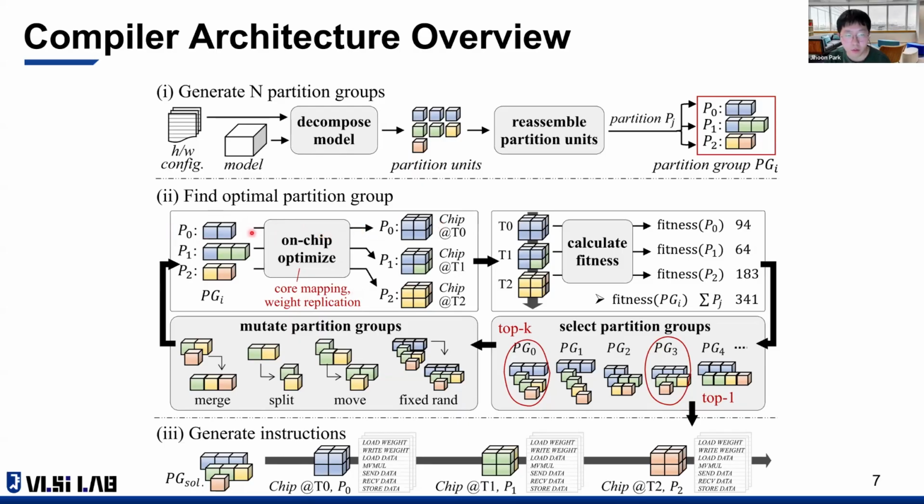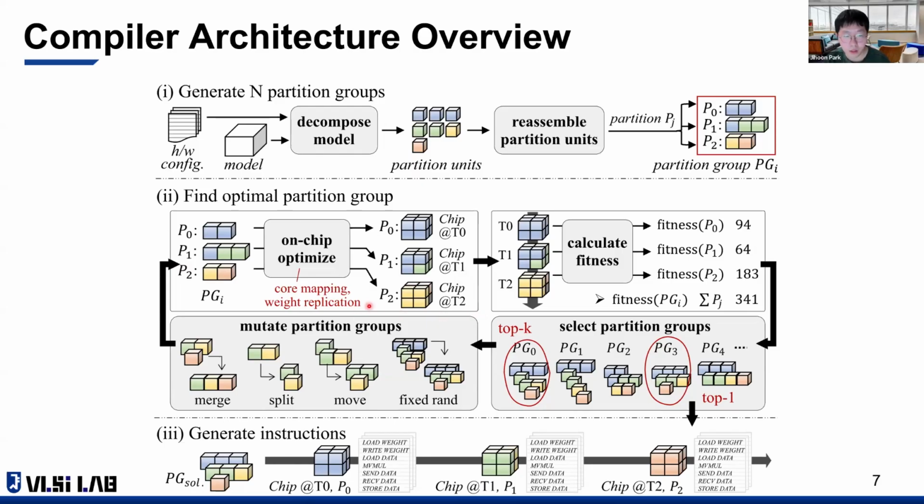So the weight replication can reduce the latency for that chip and fill up the remaining area of the chip for this partition. P1 can be done the same for another time step, and P2 can be done for the next one.